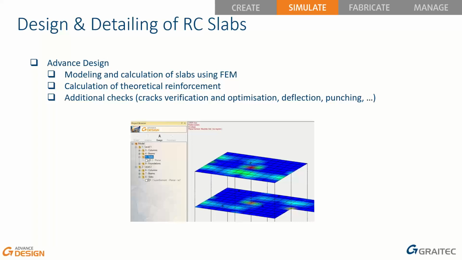So now, a short introduction of what we can do using advanced design when it comes to the reinforcement of slabs. First, we can, of course, do finite element calculation to get internal forces in advanced design. Next, we can do design calculation to get the theoretical reinforcement areas on top and bottom of the slab. And with this, we can do additional checks like verification of cracks, stresses, deflections, or punching verification.